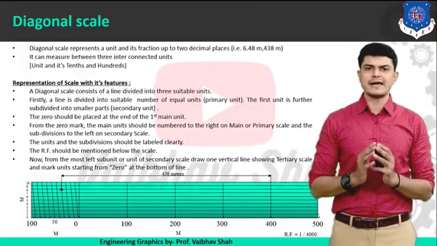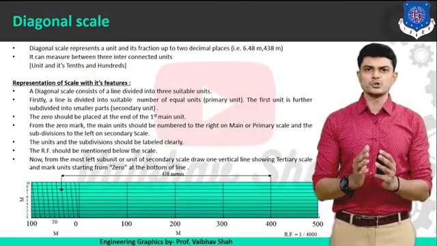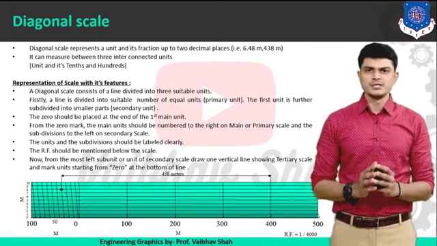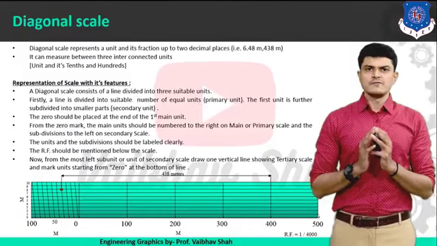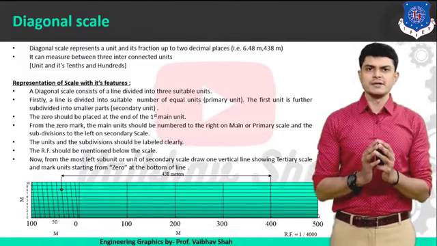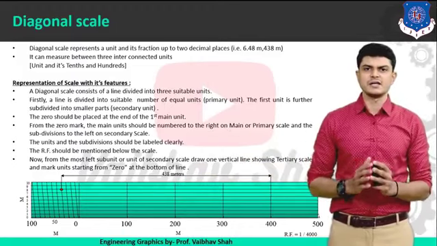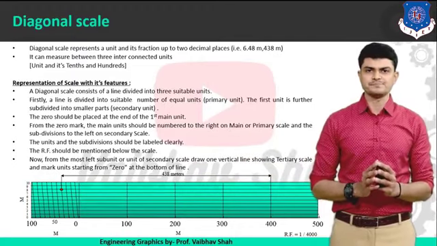It is also known as your tertiary scale. You should divide your tertiary scale depending on your tertiary unit. Here we have our tertiary unit also in meters. That's why I have divided this vertical tertiary scale also into 10 equal parts.